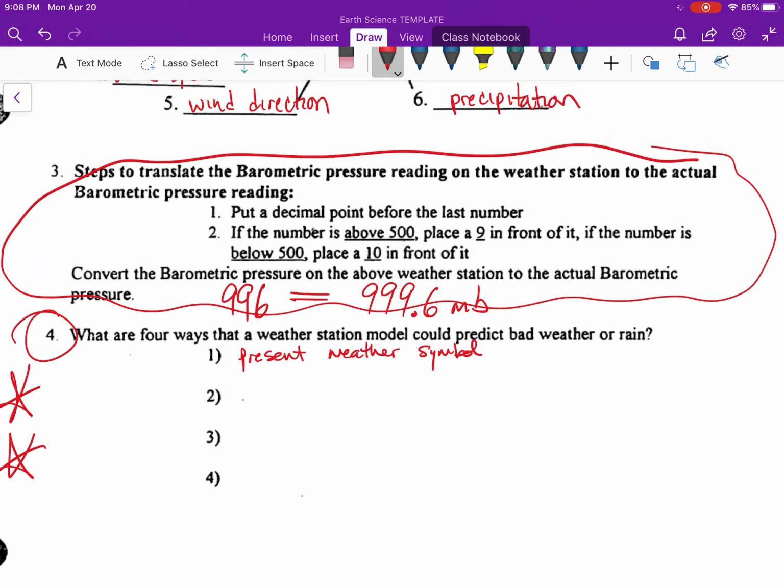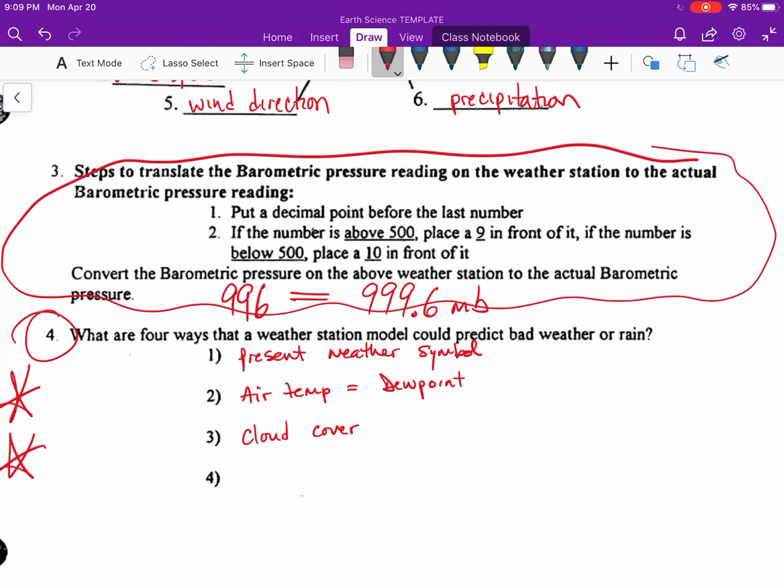The next thing, it's a big one, when the air temperature equals the dew point temperature, right? We know that, and we've discussed that at great length. That is how we know it's going to rain, if those two temperatures are equal or anything close to each other. Number 3, look at the cloud cover.